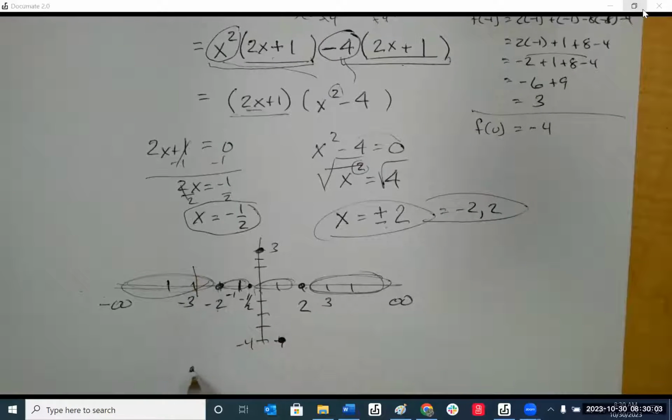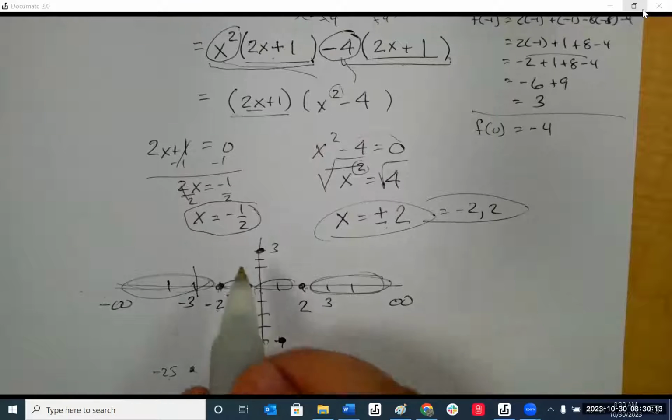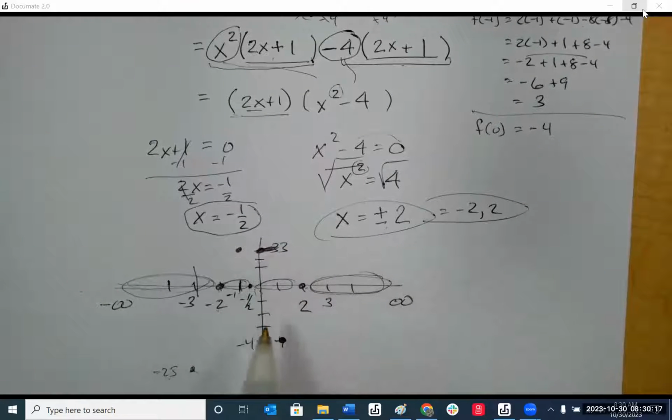So at -3, it's -25. At -1, it's +3. At 0, it's -4.